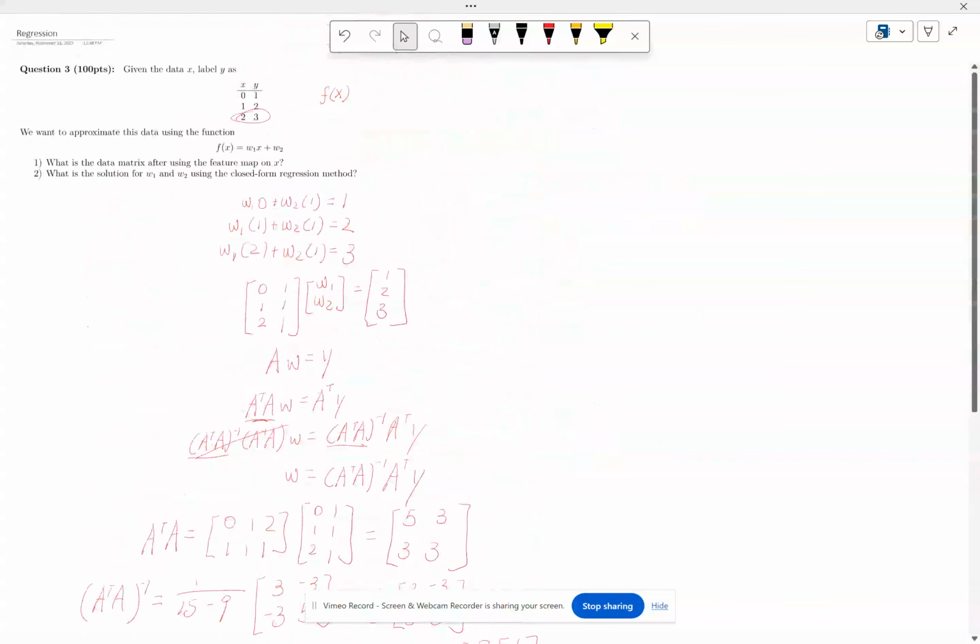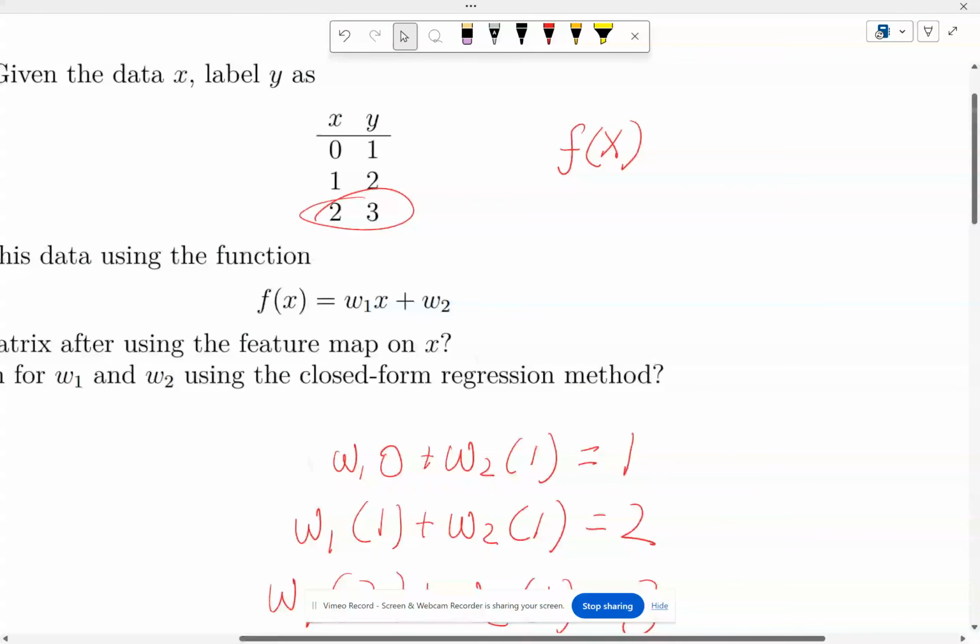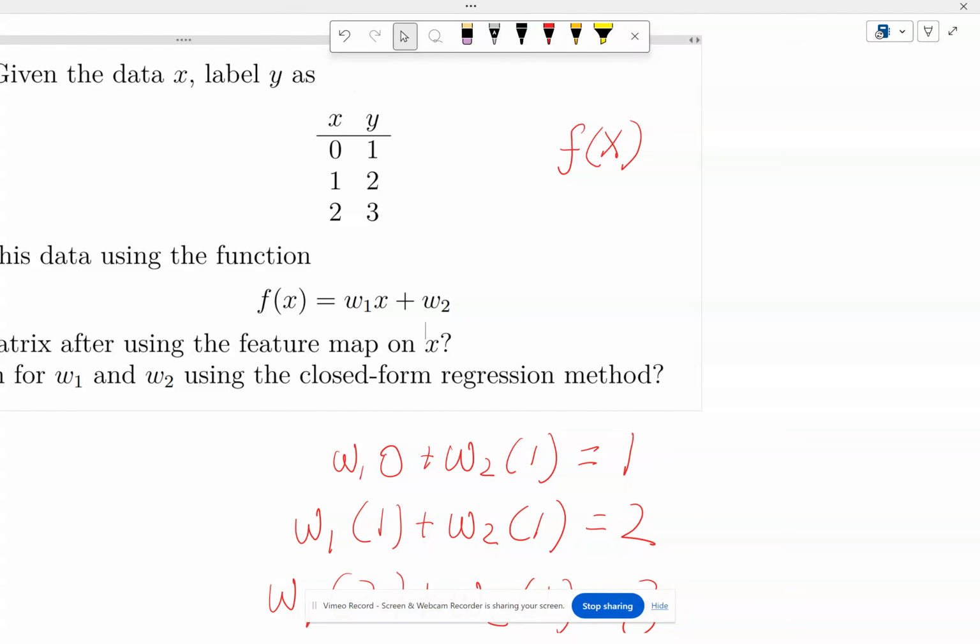And now it's saying that if W1 is 1 and W2 is 1, then it will give us a function that gives us a good prediction. So let's see. W1 is 1, therefore it's just x plus 1. All right, that means if we plug in 0, it is equal to 0 plus 1, which is equal to 1.